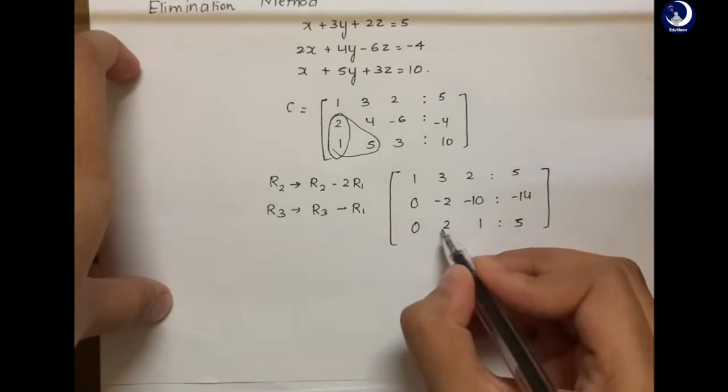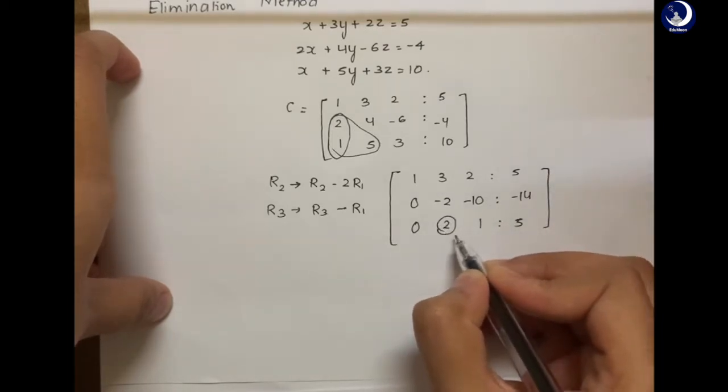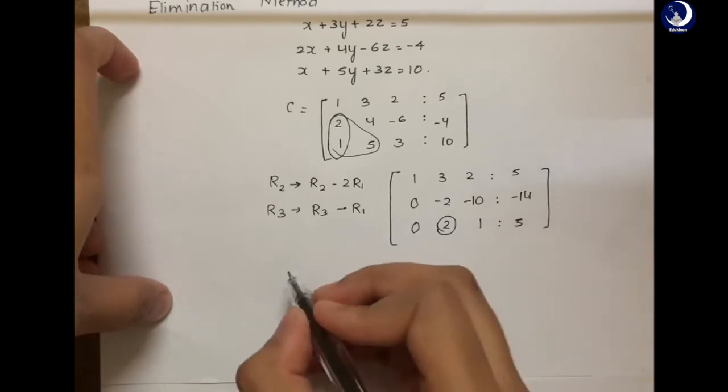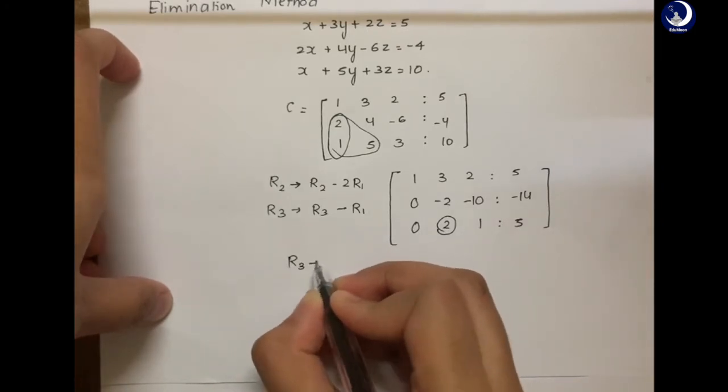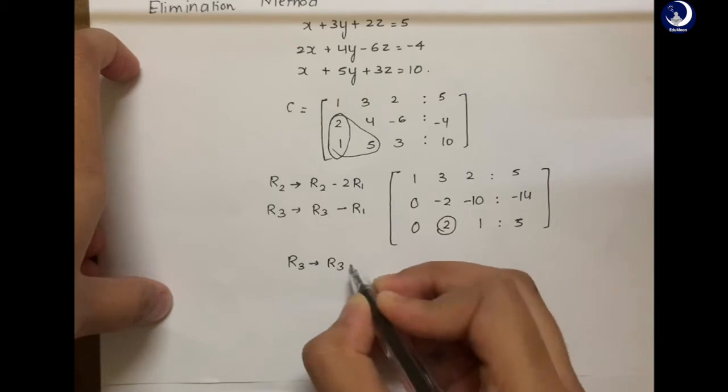Now, we are left with these elements. Let's convert this element into 0. So, we'll convert row 3 into row 3 plus row 1.